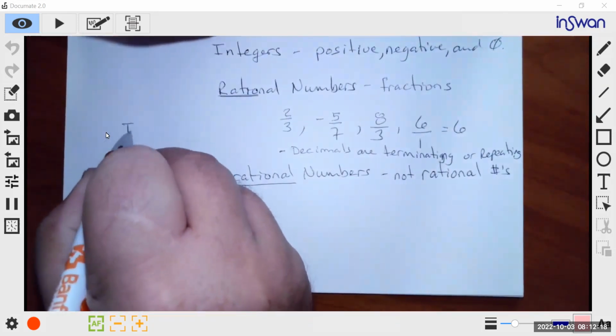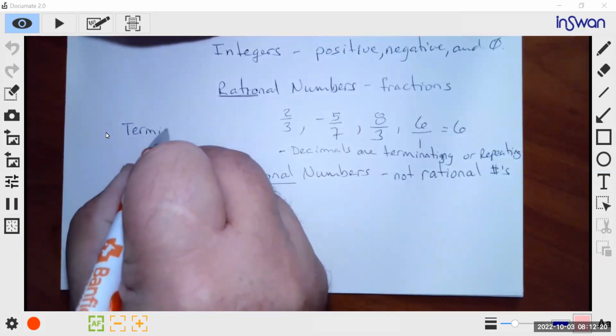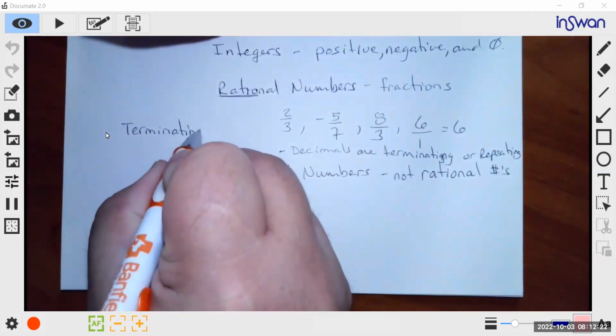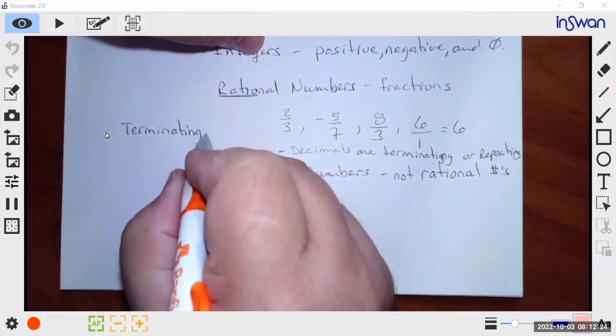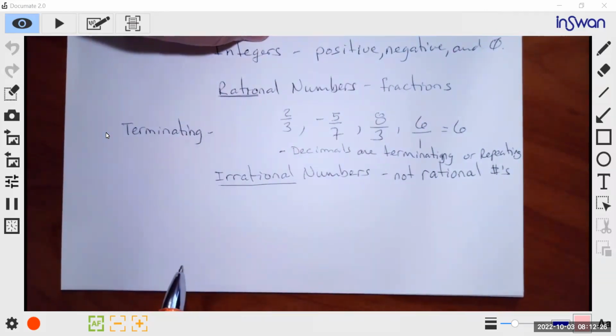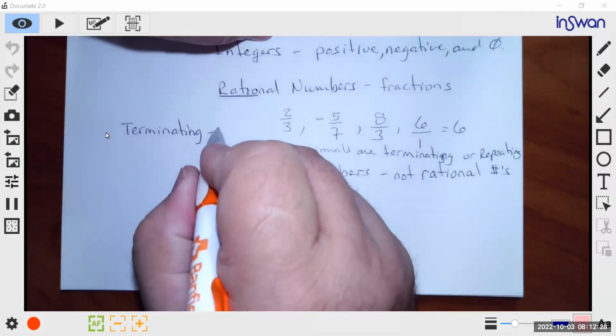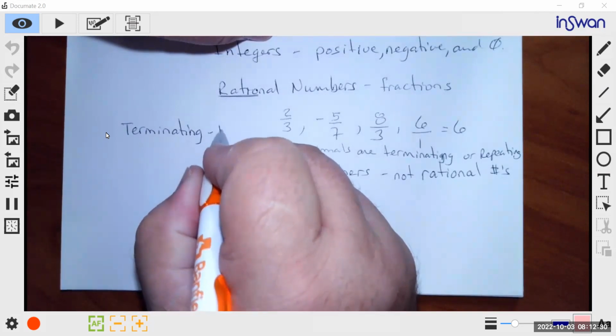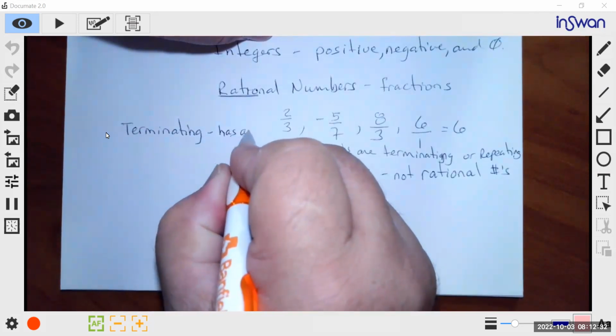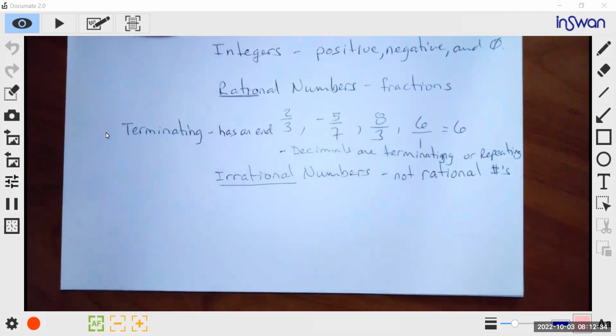Let's see what we mean by terminating. If it's terminating, there's a last digit. It has an end.